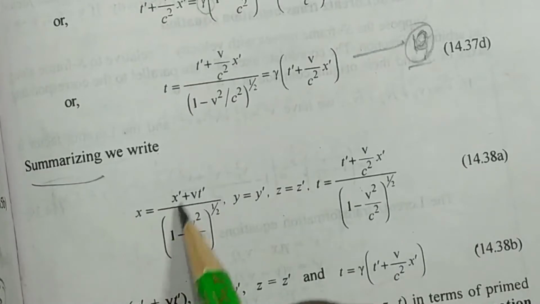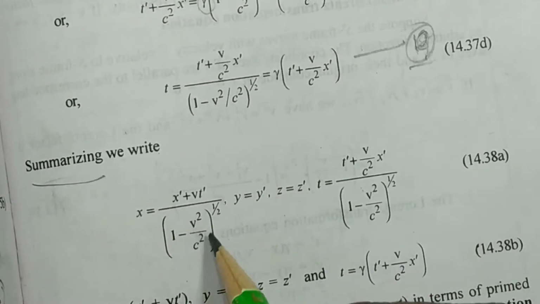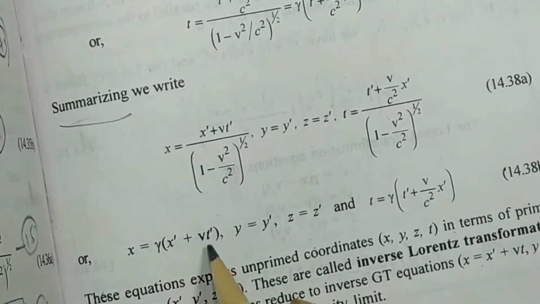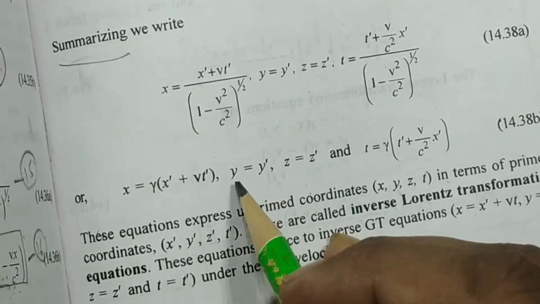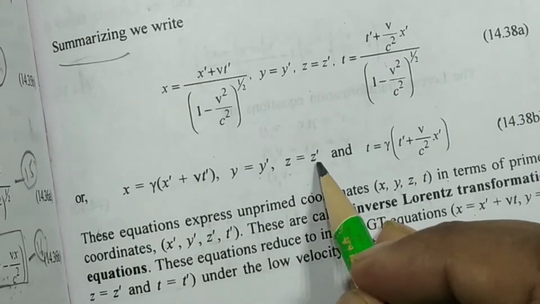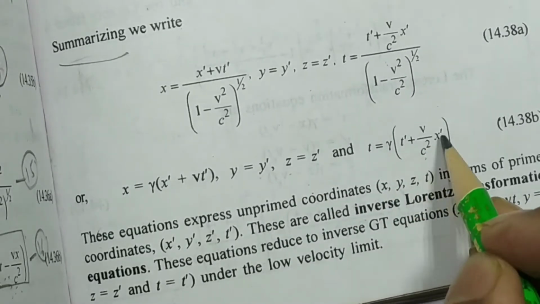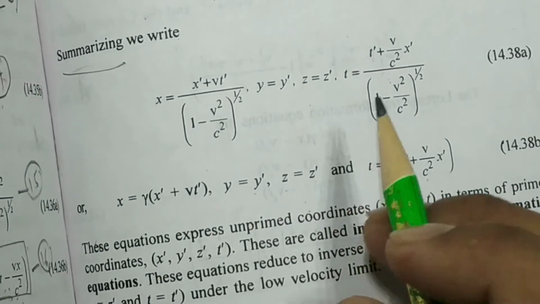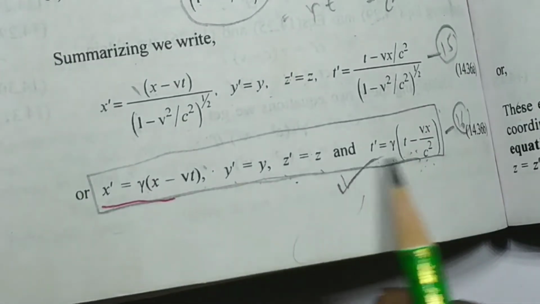Here I am going to show you the expressions. x equals x dash plus vt dash divided by the square root of 1 minus v square by c square, or we can say gamma into x dash plus vt dash; y equals y dash, z equals z dash, and t equals gamma into t dash plus v by c square into x dash. So these are called the inverse Lorentz transformation equations, and these are your Lorentz transformation equations.